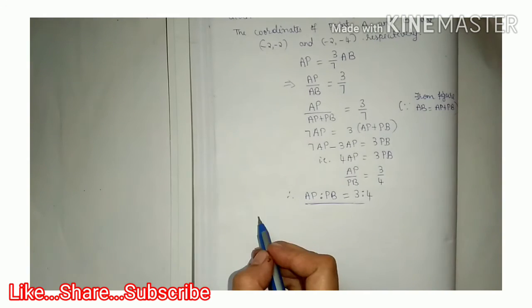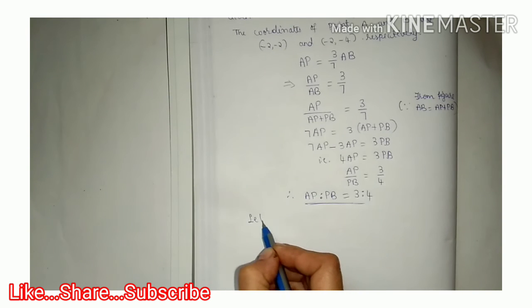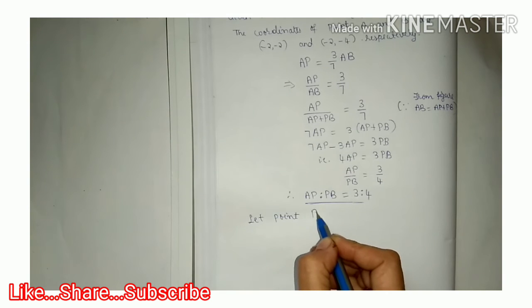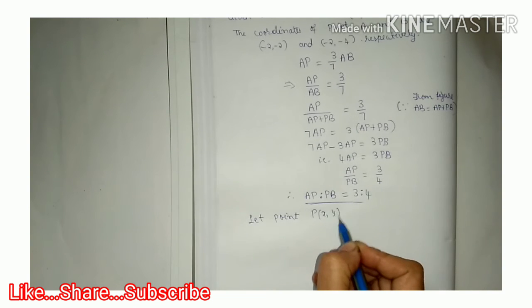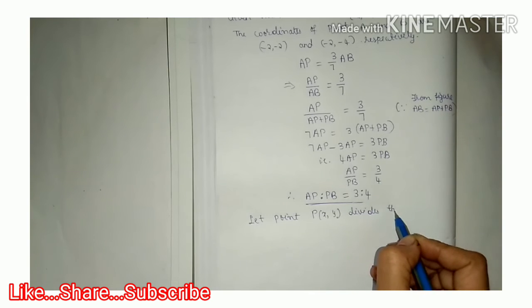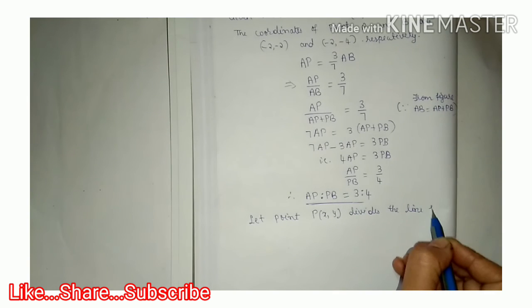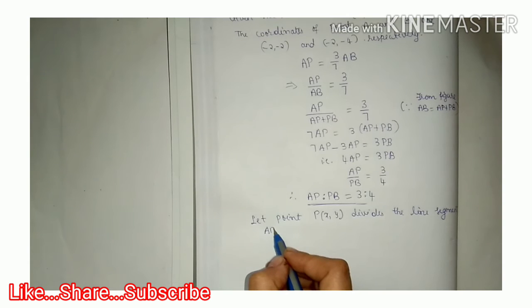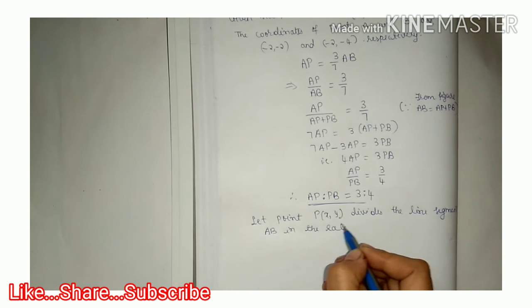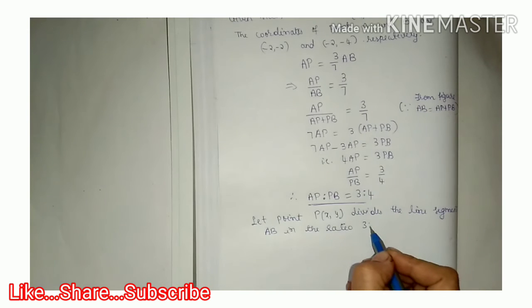Let us find the coordinates of P. Let point P, say (x, y), divide the line segment AB in the ratio 3:4.